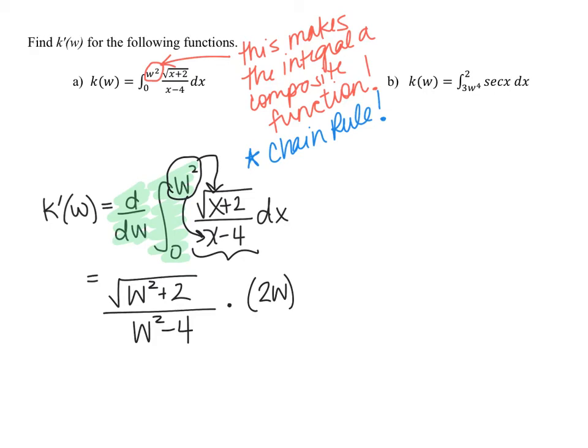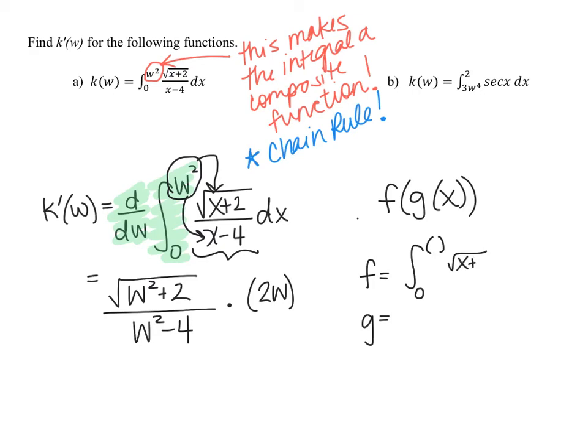So again, let me write this out the way we used to write it when we first learned to do the chain rule. When we have a composite function, f of g of x, where f is the outer function and g is the inner function, in this case, we're treating our outer function as the integral from 0 to some unknown function of the square root of x plus 2 divided by x minus 4 dx.